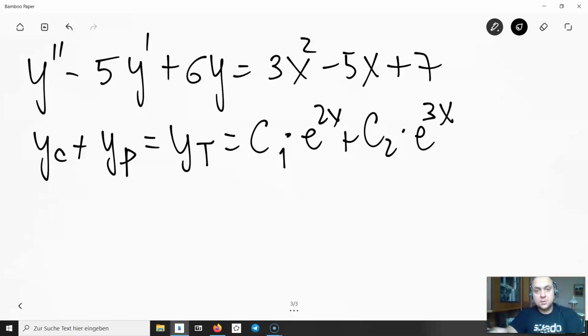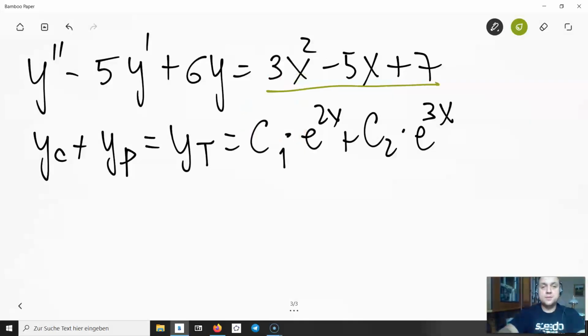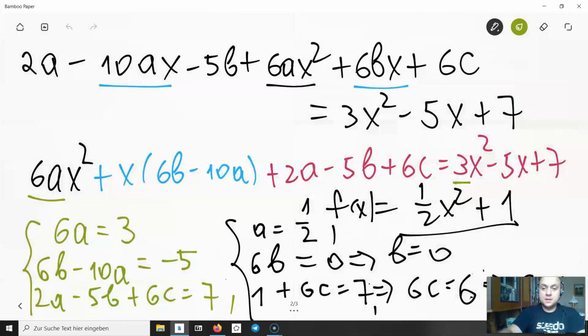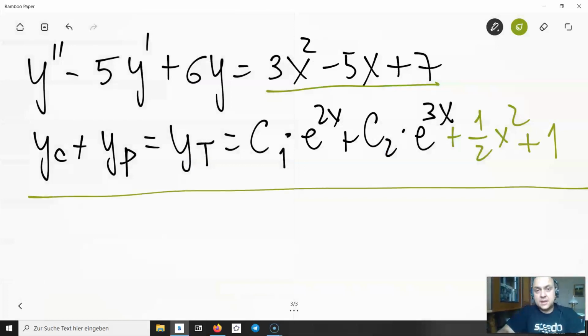We are expanding our solution space, and we are also adding a polynomial solution, which brings us not 0, but exactly this wanted result, 3x squared minus 5x plus 7. So we are having then plus a half x squared here, and plus 1 as well.